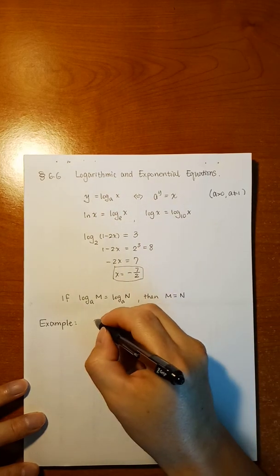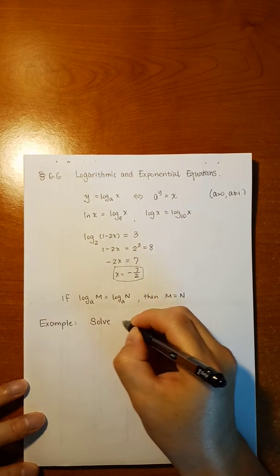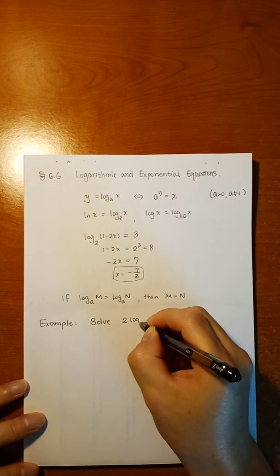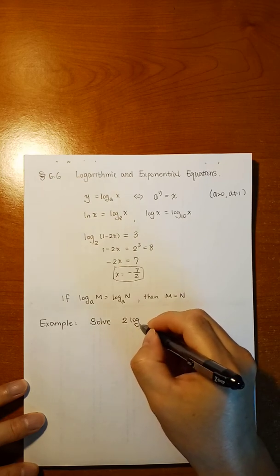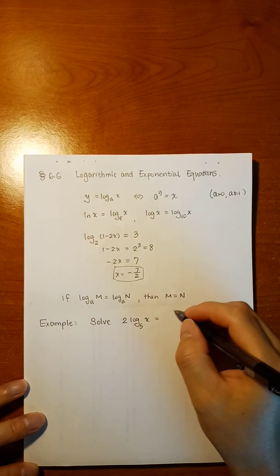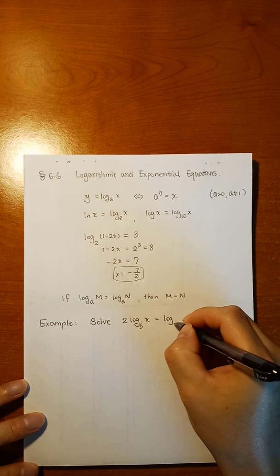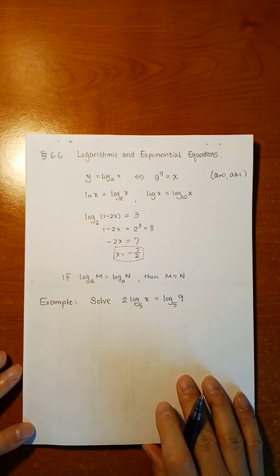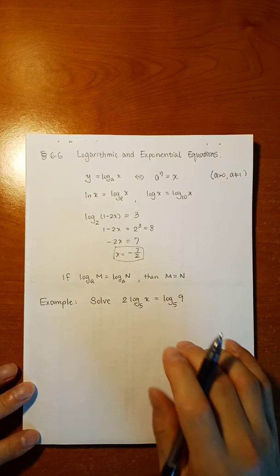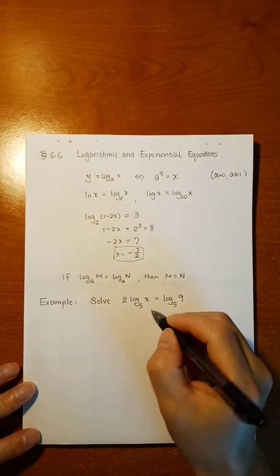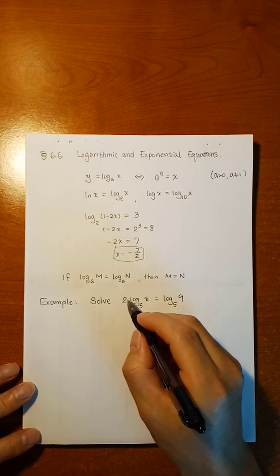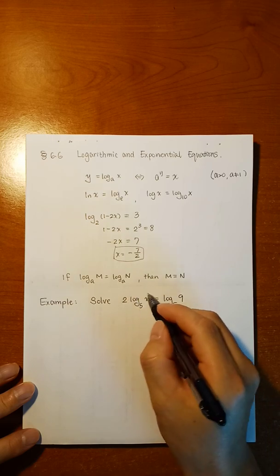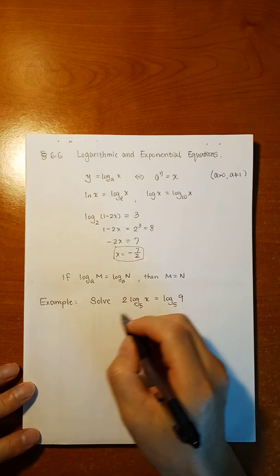For example, solve 2 log base 5 of x is equal to log base 5 of 9. Okay, we'll start from the simple one. How do we do that? Logarithmic function has a property. If you have a coefficient, you can move it inside.